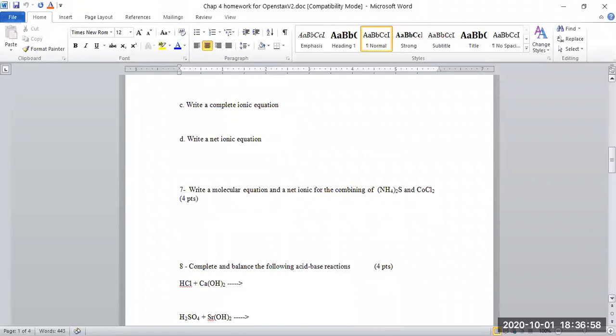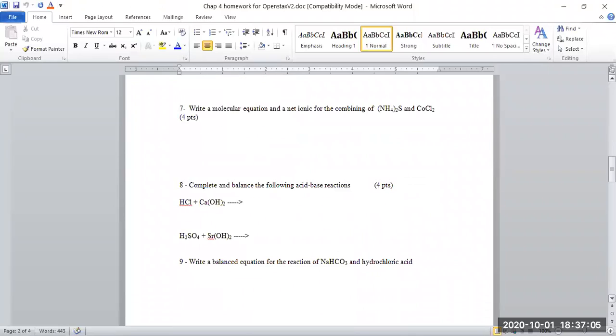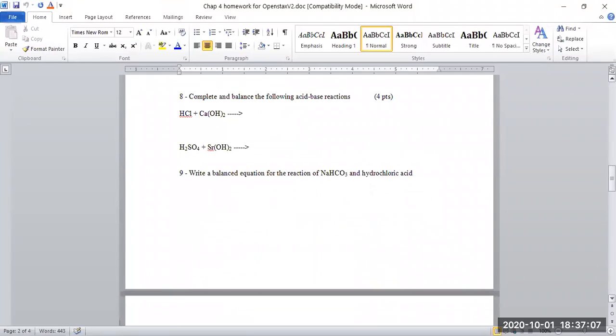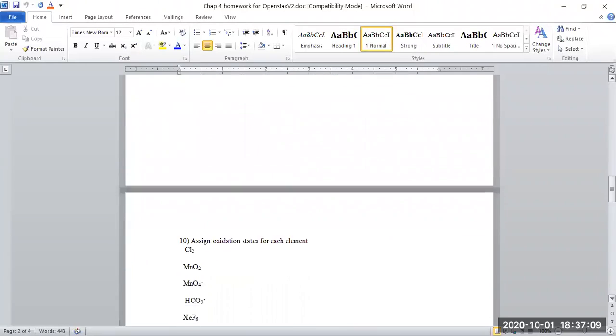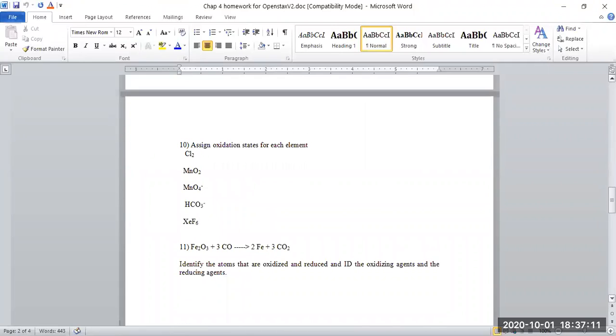And then for number 7, I didn't lead you through it. Then we switched over to acid base. There's a gas generating reaction for number 9. Then some oxidation states. Make sure that when you are doing the oxidation states, you do the oxidation number for each of the elements.